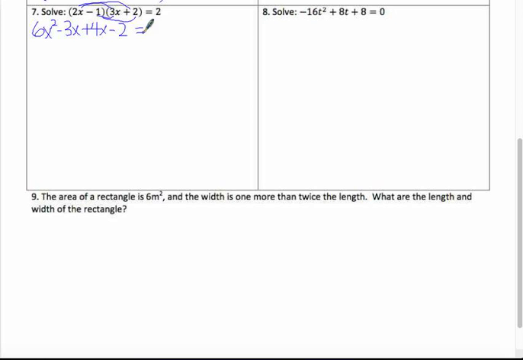Now equals 2. And then now I'm going to combine these terms and subtract the 2 from both sides. So my equation that I'm actually going to factor to solve this would be 6x squared plus x minus 4 equals 0.